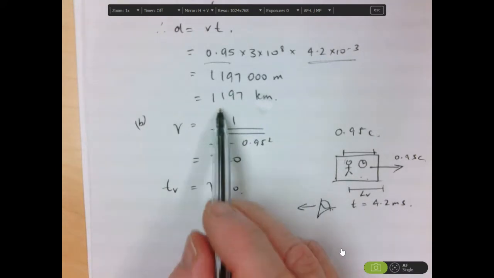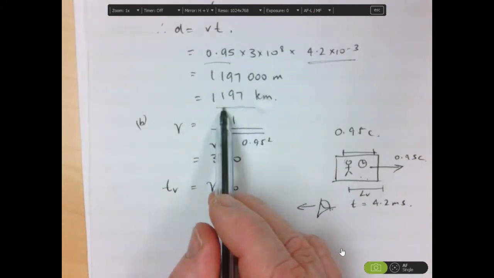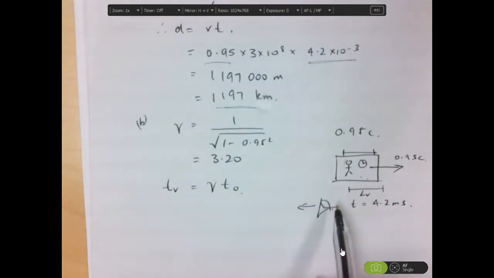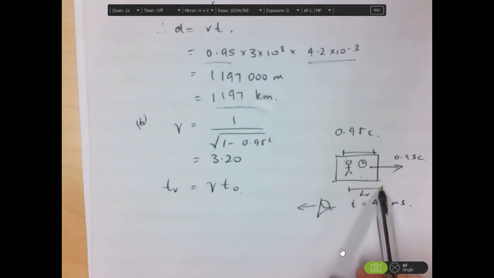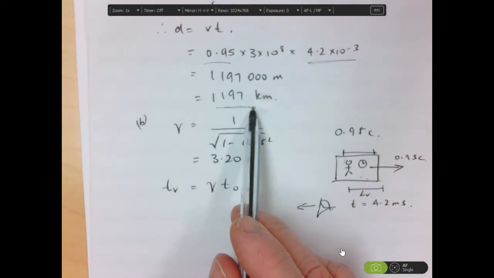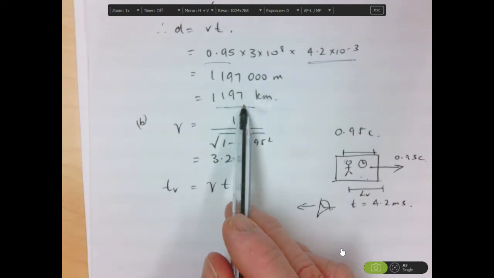So this here is what we see outside. So this must be the contracted length, because that's what we observe this length here to be. So you, being with the muon, would see a longer length because this is the contracted length.